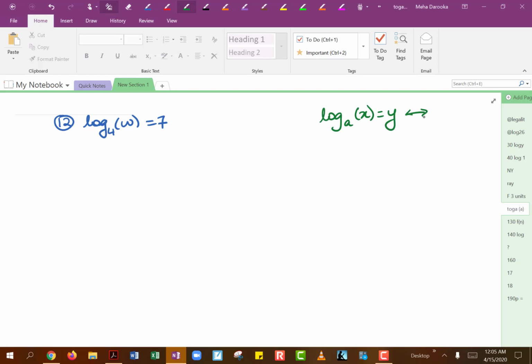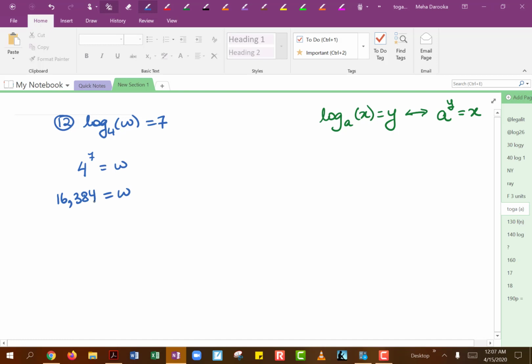So using that same notation, we will rewrite this as 4 raised to the power of 7 equals w, and then you can just plug this into your calculator to find out what 4 raised to the power of 7 is. Okay, so this will come out to be 16,384 once you put it in your calculator. Okay, so this was number 12.